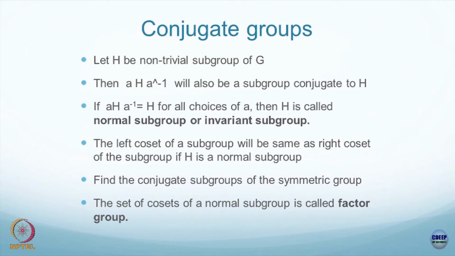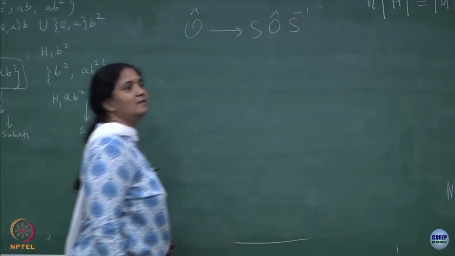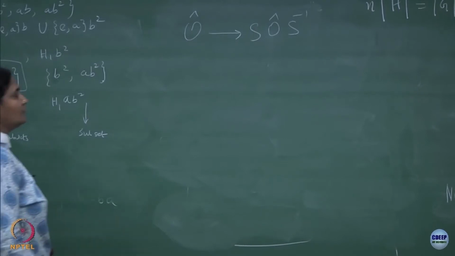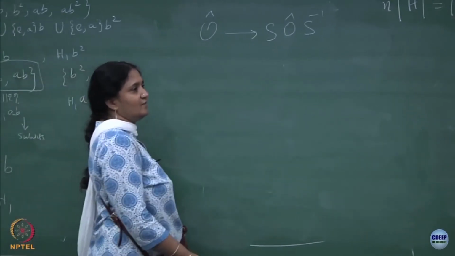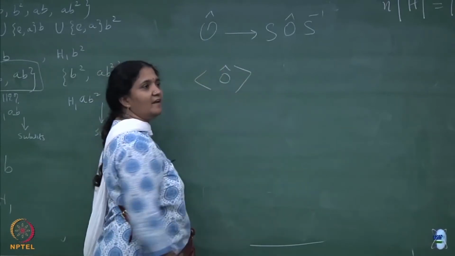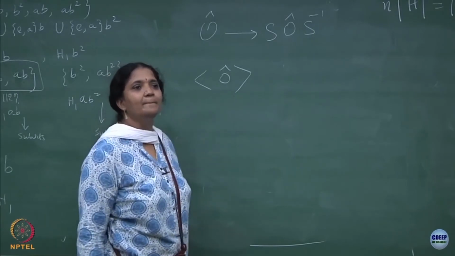So, suppose you have an operator O in quantum mechanics, and you do S O S inverse. Physics is given by expectation values of these operators, right? Am I right? What happens to them?